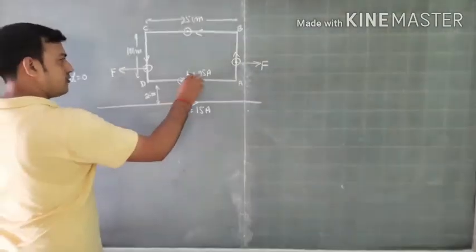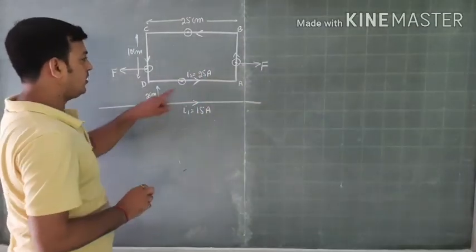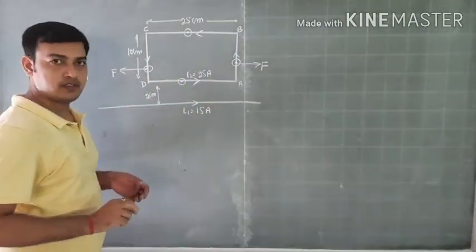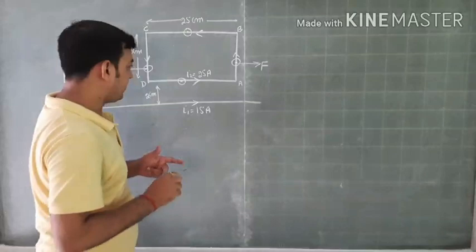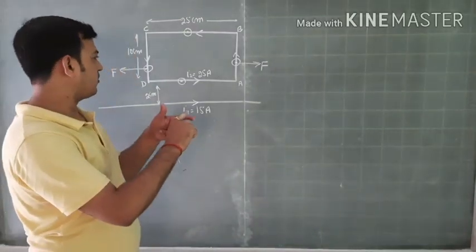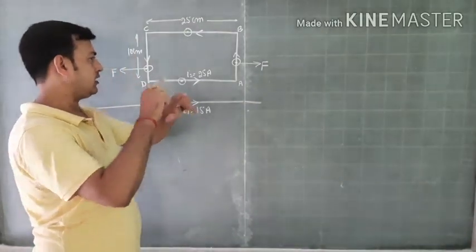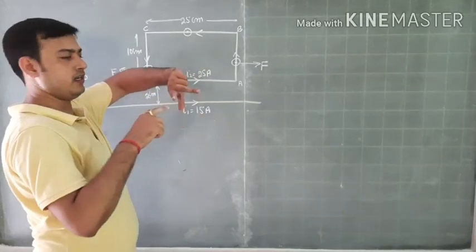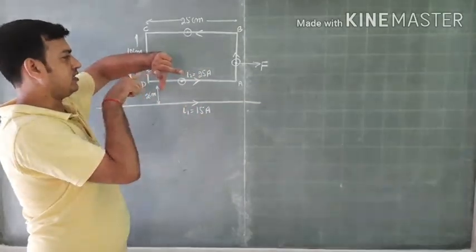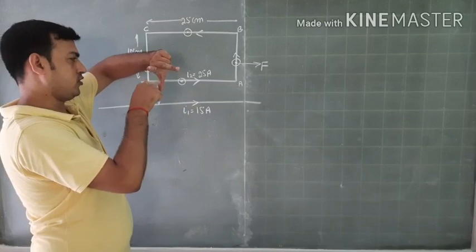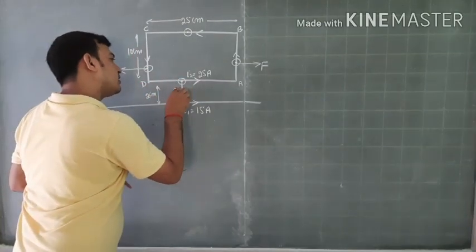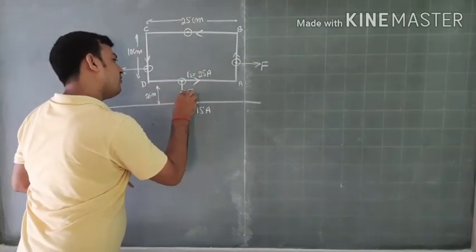So for this arm, to see the direction of force, first we will apply Fleming's left hand rule. The direction of magnetic field is outwards and the current is towards right. So this is the arrangement, this is magnetic field, this is current, so the force is in the downward direction. I will call this force F1.